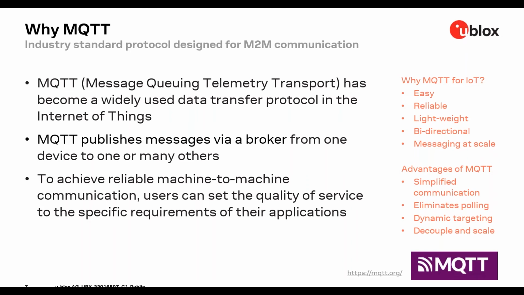It's a publish and subscribe protocol that is specifically designed for machine-to-machine communication, and it has quality of service levels available specific to the requirements of the application. It's easy to use, it's reliable, very lightweight, and can scale.